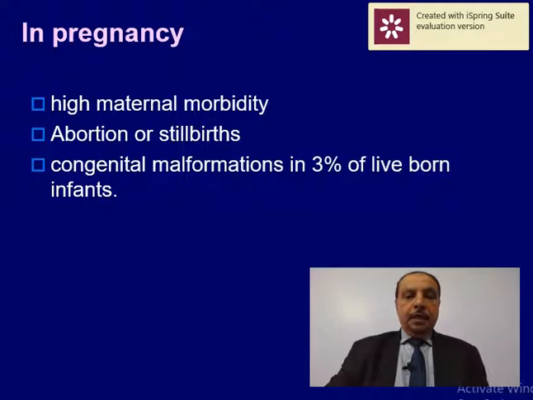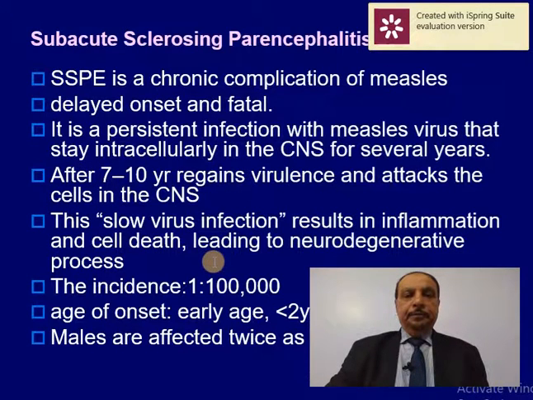There is here an important note: when measles occurs in pregnant mothers, there will be high maternal mortality, abortion or stillbirth, and there will be congenital anomalies in 3% of live-born infants.